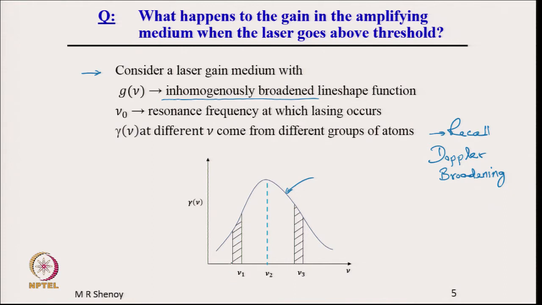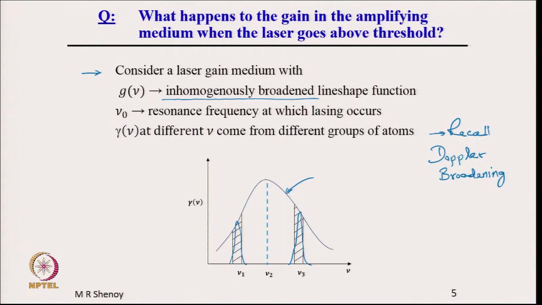So, we have a certain group of atoms contributing to gain here and another group of atoms contributing here, and so on. So, nu 1, nu 2, nu 3 are different resonance frequencies where amplification or gain is contributed by different groups.